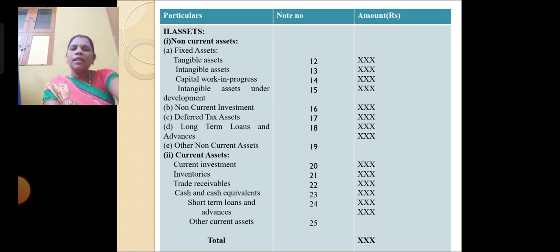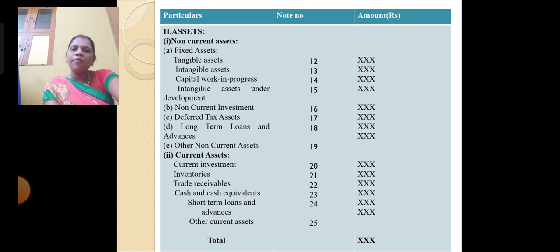Next, the head is current asset. Under the current asset, the following items are discussed: current investment, note number 20. Inventories, note number 21. Trade receivable, note number 22. Cash and cash equivalent, note number 23. Short-term loans and advances, note number 24. Other current asset, note number 25.